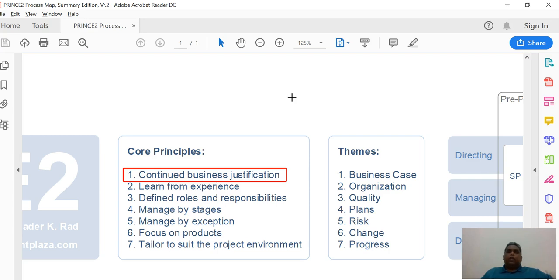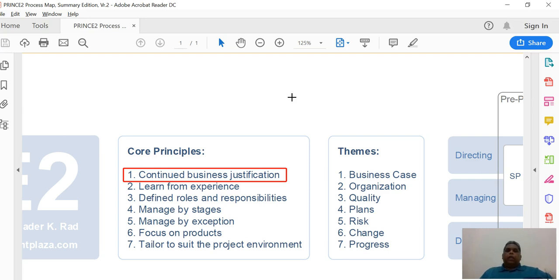The justification could be related to increase of revenue, increase of market share, increase of customer numbers, reducing operational expenses, increasing profit margins, and the list goes on. And it's very important that we articulate business justification or the reason for managing or starting an initiative.